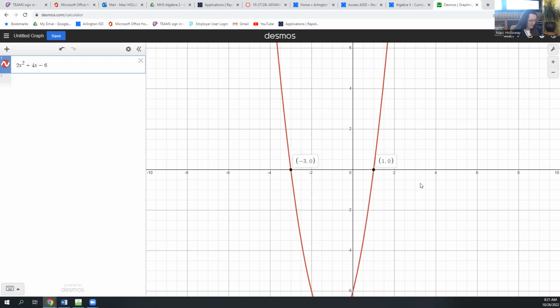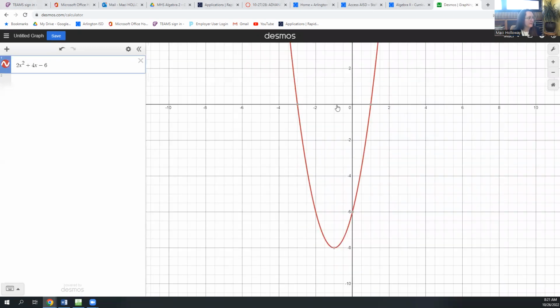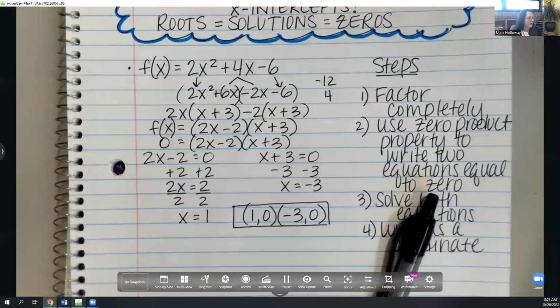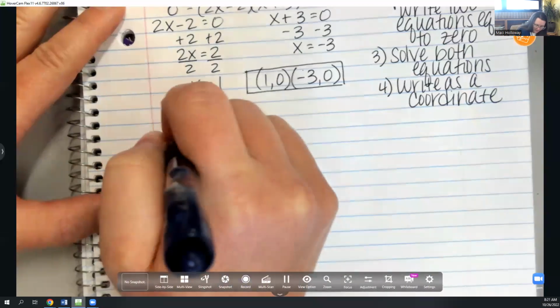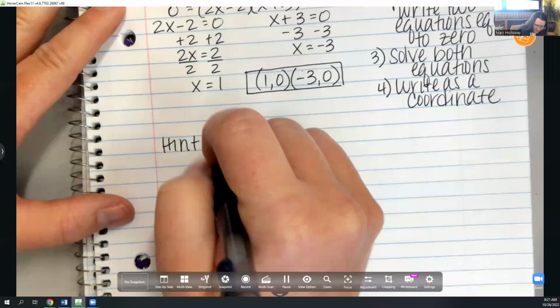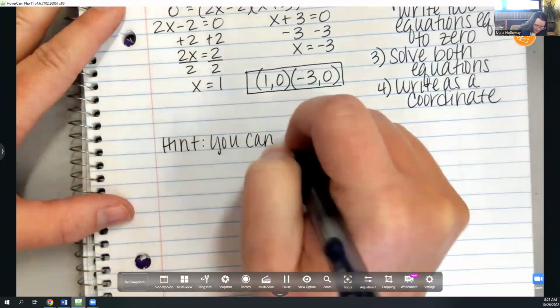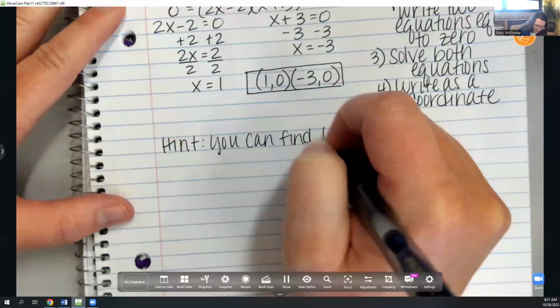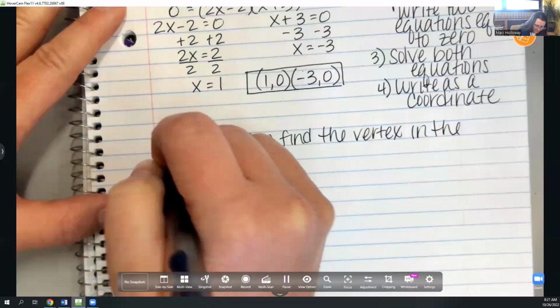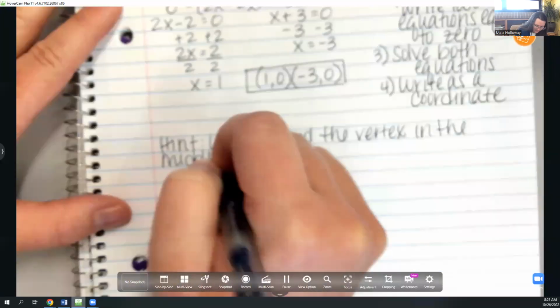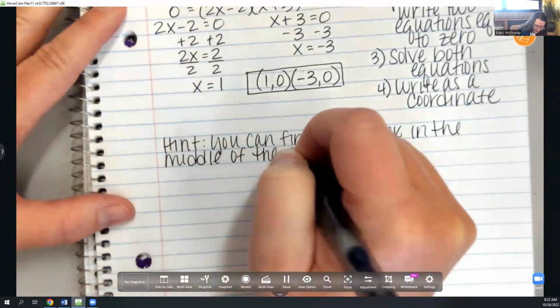So here's a hint for us. We can find the vertex of our quadratic or our parabola. Let me go back to my notes here. We're going to write a hint to ourselves. You can find the vertex in the middle of the roots.